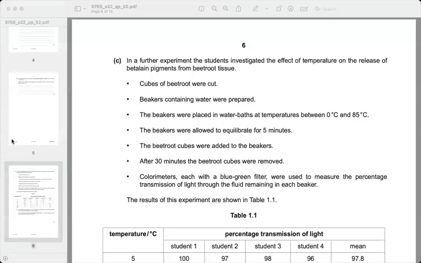The earlier experiment was about how there was a change in volume with respect to the surface area volume ratio. Now we have investigated in this experiment the effect of temperature on the release of these pigments also. First, we were just doing surface area volume ratio. Now we are looking at temperature itself.